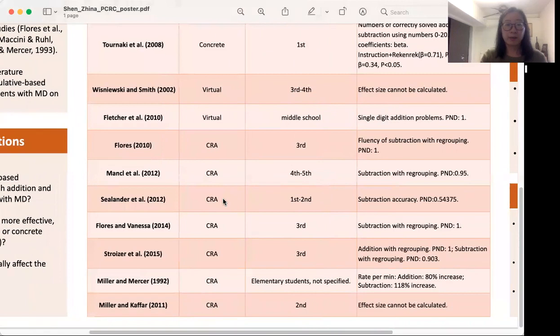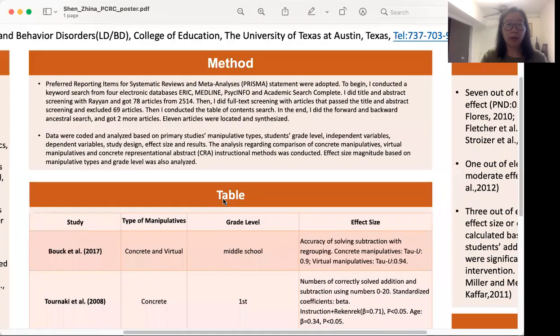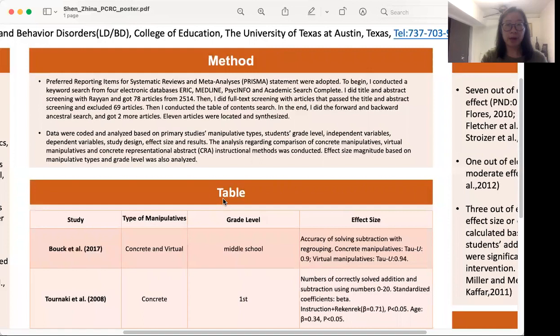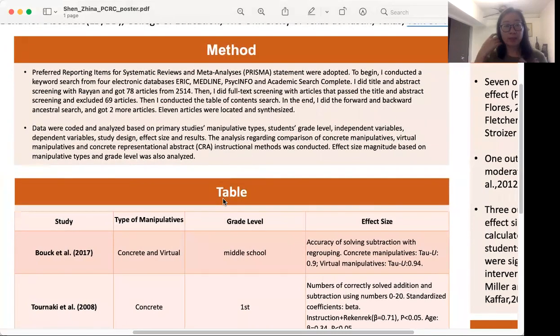For my method, I adopted the PRISMA statement to lead my search process. To begin, I conducted a keyword search of four electronic databases. After that, I did the title and abstract screening with Ryan, and I got 78 articles.